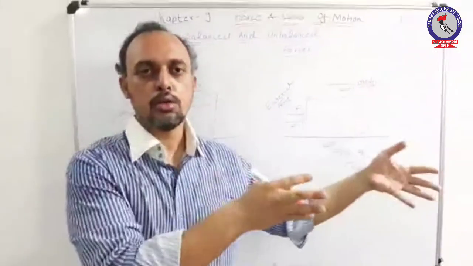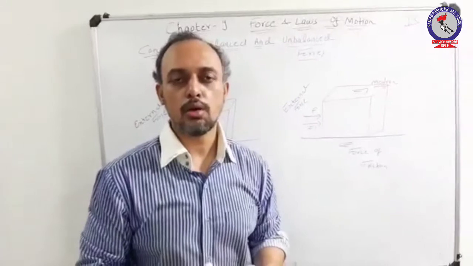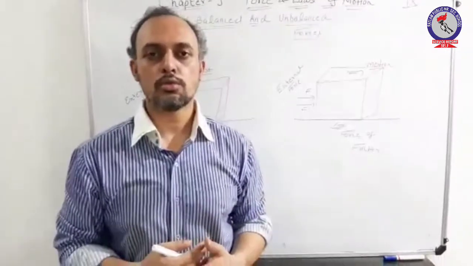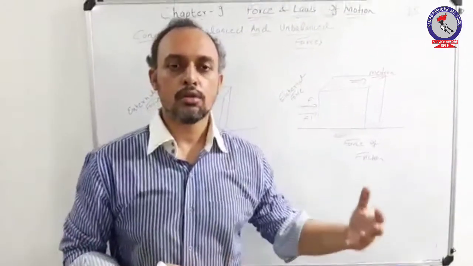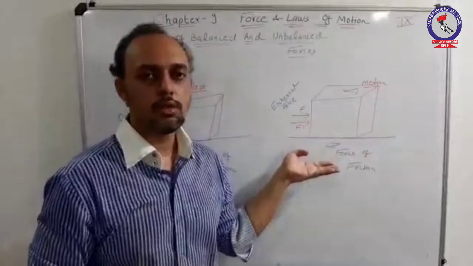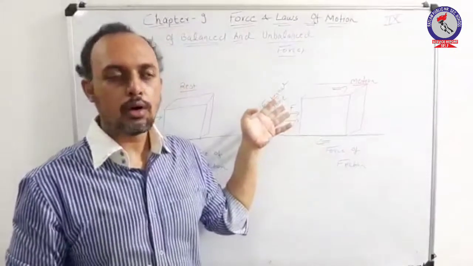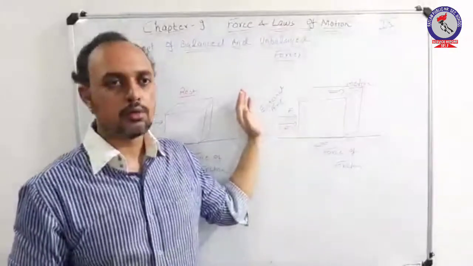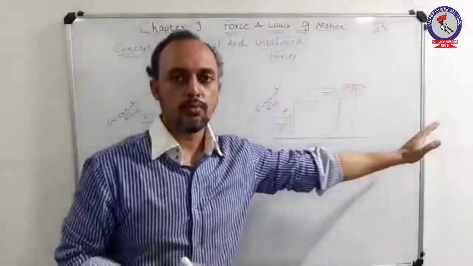So the conclusion of unbalanced force comes out to be that if a certain unbalanced force acts on a body, the state of the body changes. As you have just observed, on overcoming the force of friction by the applied external force, the body starts to move.